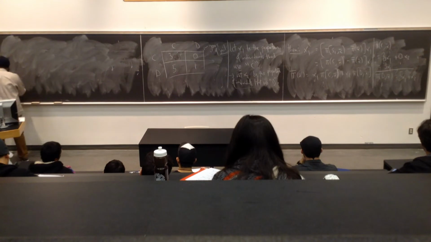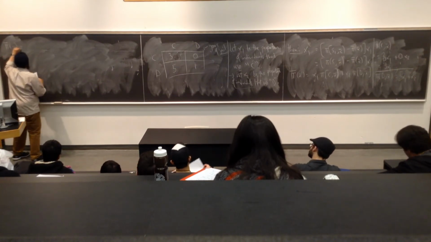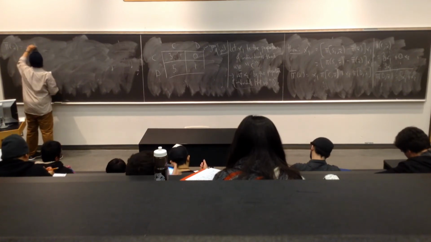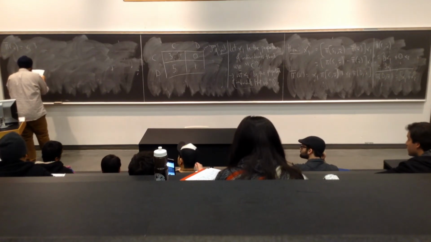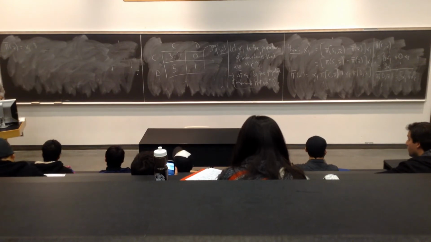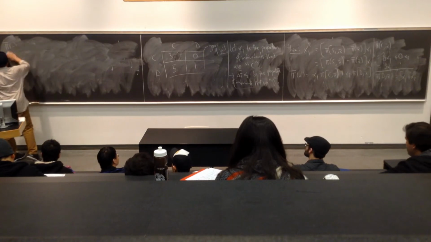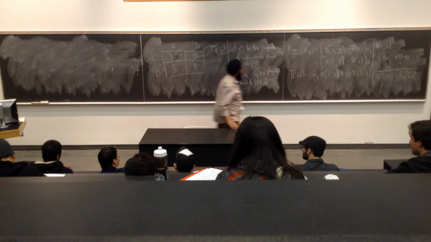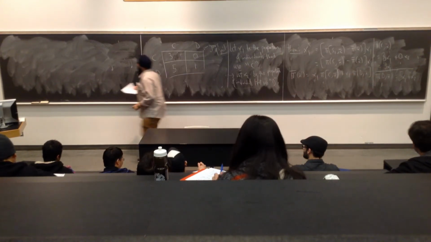Okay. So, therefore, if you just work out the algebra a little bit more for the average payoff function, yes, I will just work out the algebra a little bit more.